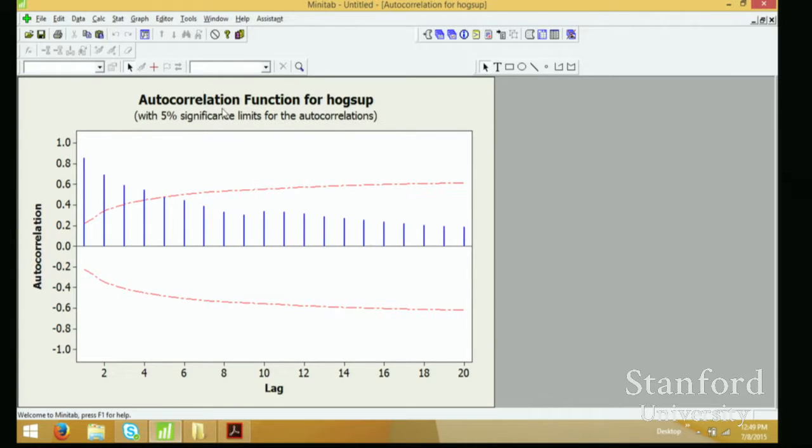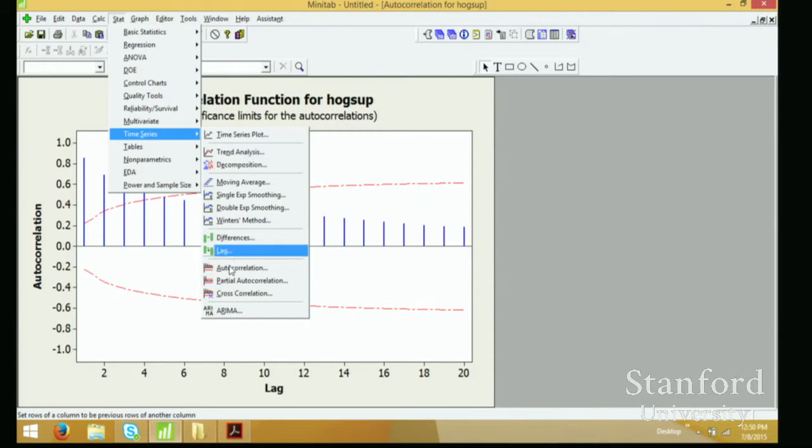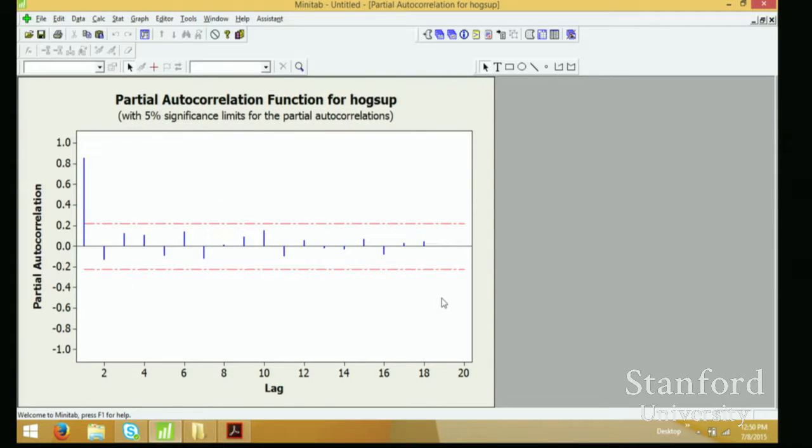And if you look at the partial autocorrelation function, it's even more revealing. Partial autocorrelation function of hog supply, see what we get. Can you see that you need to do the differencing of the series. Okay. So generally you would see that when you do the hog data, all 5 series are non-stationary.